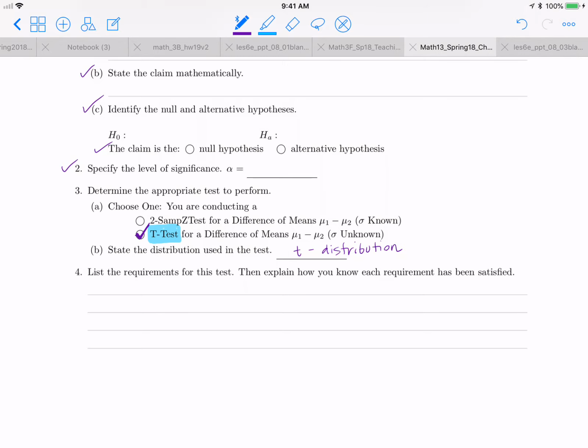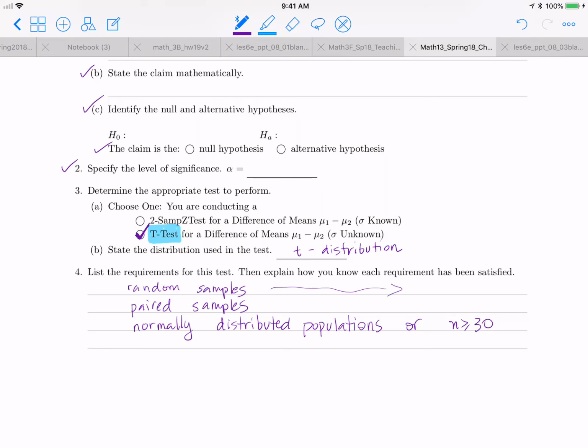Now, list the requirements. We listed the requirements. You need to have random samples, paired samples, and a normally distributed population, or n is greater than or equal to 30.